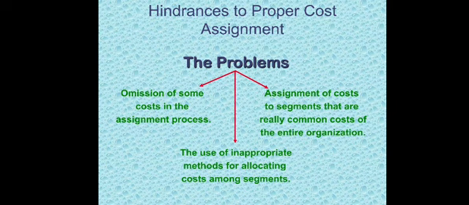These are the reasons. The main point is, if you allocate the common costs to different segments in a business, then you will see wrong calculation for the profitability of each segment.